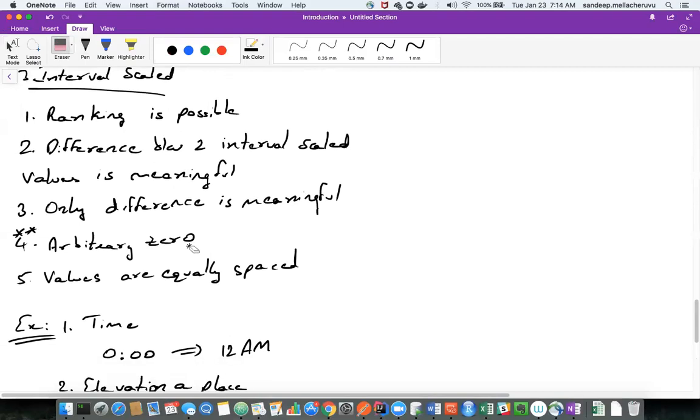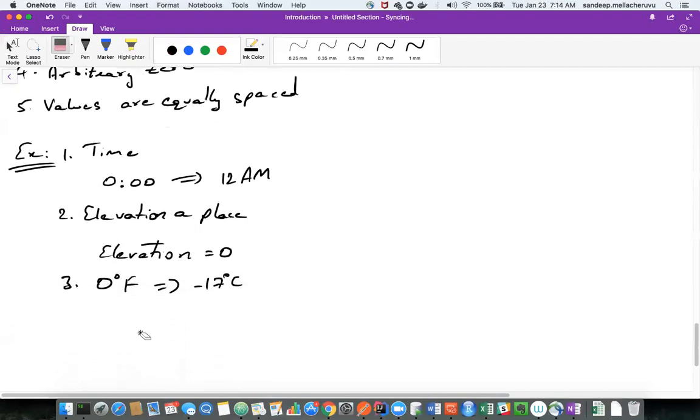And only difference is meaningful here, because if I have let's say 2 times, 12 a.m. and 12:30 a.m., like the example that I gave you in the Excel sheet, I cannot add actually, but I can do a difference, and the difference is meaningful. If I do a difference between 12 a.m. and 12:30 a.m., I get 30 minutes as my difference. So the difference is meaningful in this case.